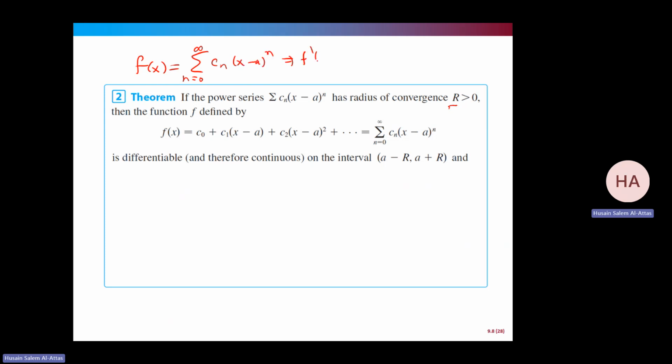What will be f prime? It will be the summation of n a_n (x minus a) to the power n minus 1, starting from 1.